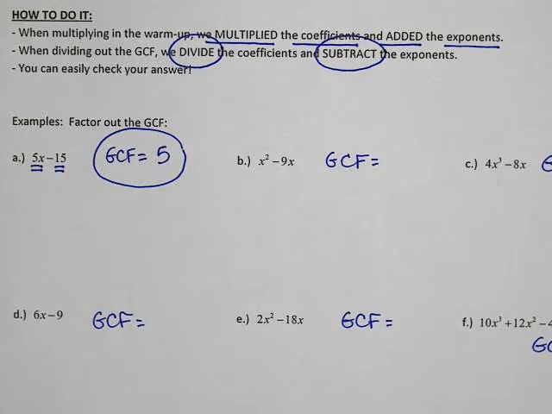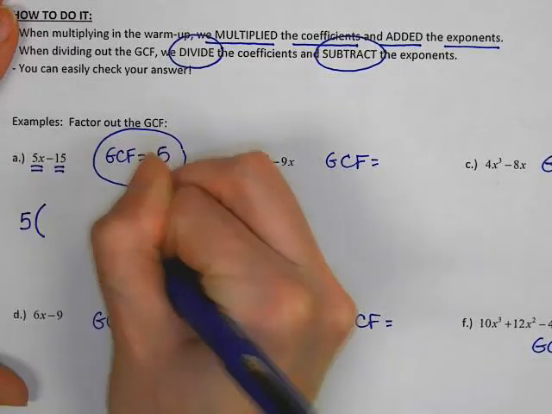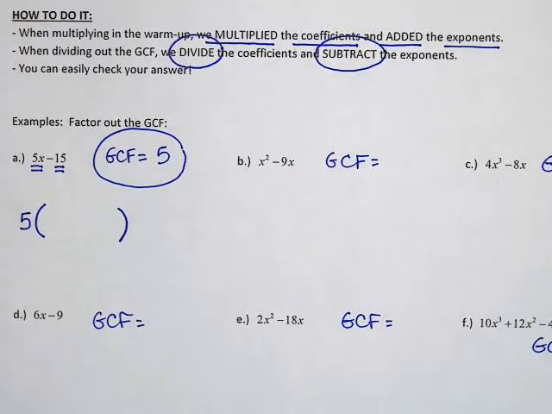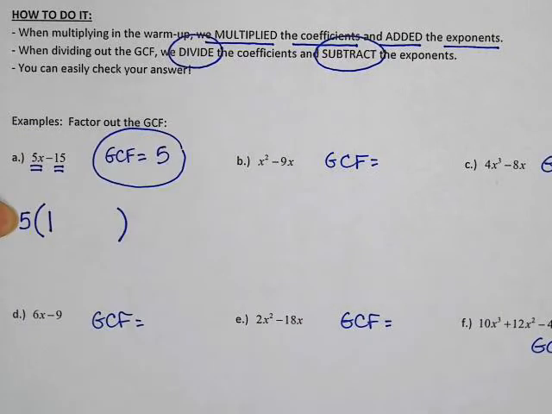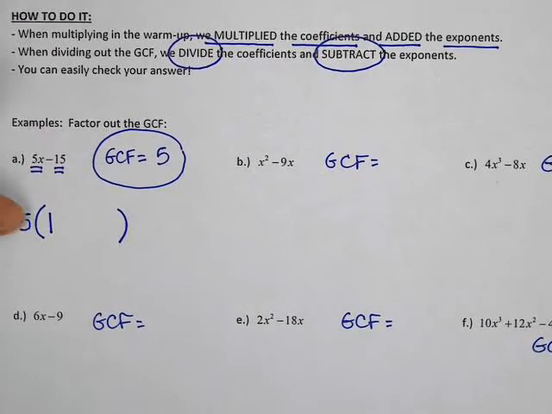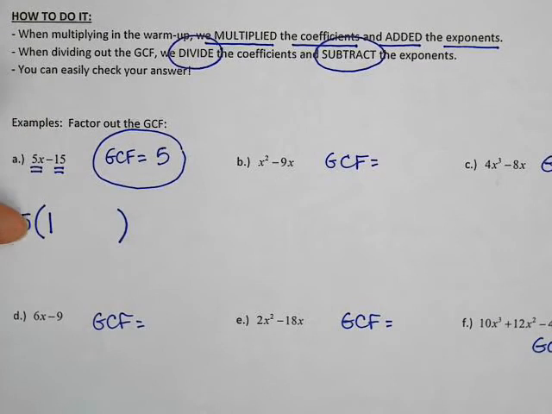Now we actually divide it out. So you're going to write down the GCF first, and then you're going to write a big parenthesis, and you're actually going to divide it out. So we divide the numbers. 5 divided by 5 is 1. And then you subtract the exponents, but this one has 1 and this one has none.